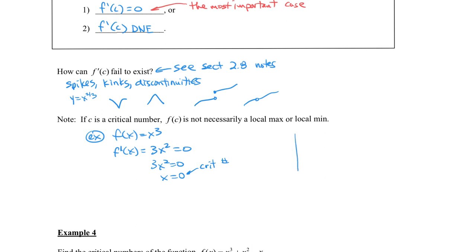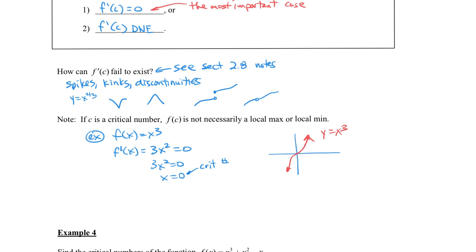But if you think of the graph of y equals x cubed, it goes like this. So at 0, you've got a critical number, but it's not a max or a min. It flattens out just for an instant, but it's not a max or a min. So if you know that c is a critical number, it doesn't mean that you necessarily have a local max or local min.